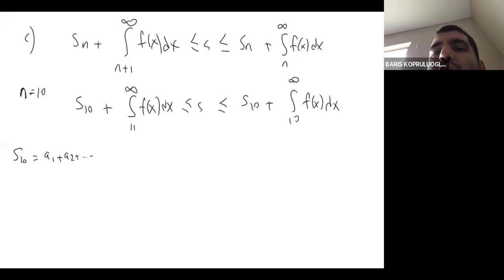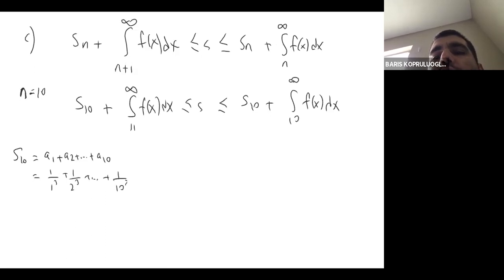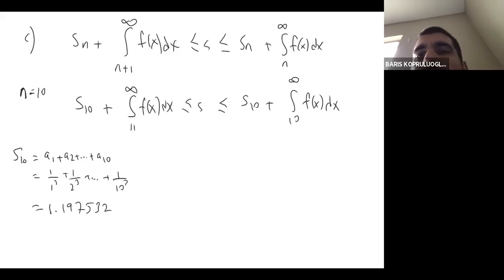It's the sum of the first 10 terms. In other words, 1 over 1 cubed, 1 over 2 cubed, up to 1 over 10 cubed. And if you calculate that, you'll see it is 1.197,532.